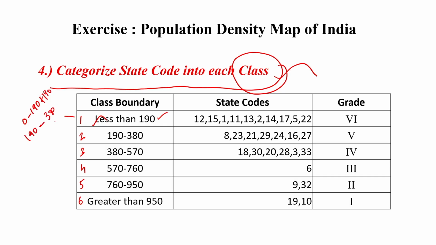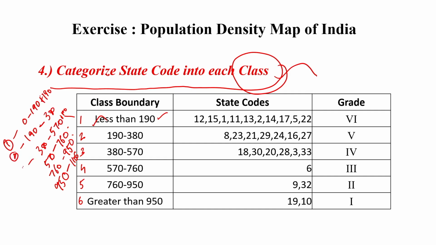Similarly, you add another 190 over here, you get 380 to 570. Again add 190, you get 570 to 760. Then again 760 to 950, and after that the 6th class will be anything that is above 950.